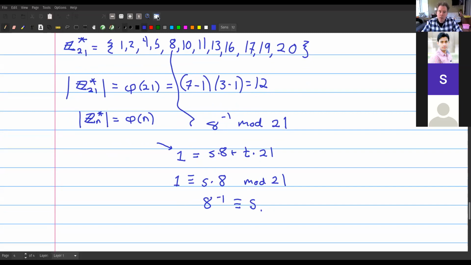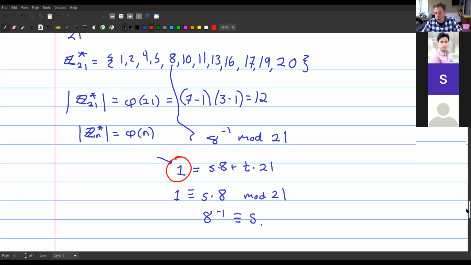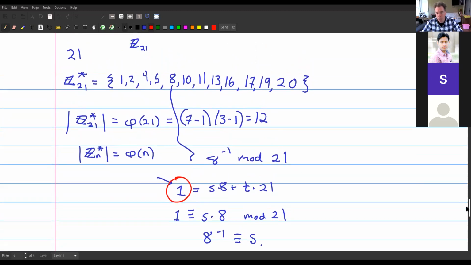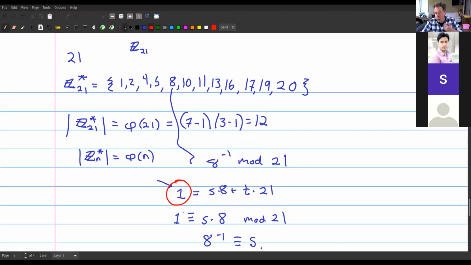But what if the GCD is not 1? Then this obviously would not work, because you wouldn't have 1 as congruent to the product on the right-hand side. So in those cases where the GCD is not 1, this equation has no solution. Because if it did have a solution, then 1 would be expressible as a linear combination of 8 and 21, and the GCD of 8 and 21 is the lowest positive number that has such an expression, and so the GCD would be 1 after all.